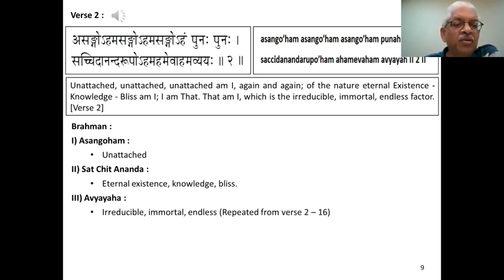But what the teaching now says is Atma, I the Atma am immortal. Once we know that we are immortal, a lot of problems from our life will go away. Because we are no longer time bound. There's no more tension.